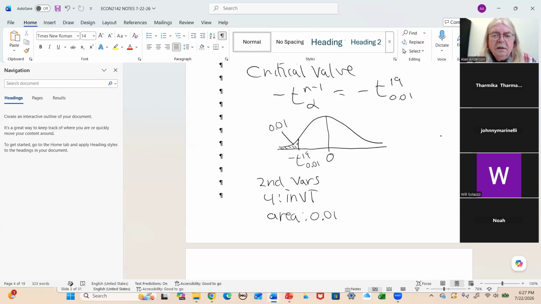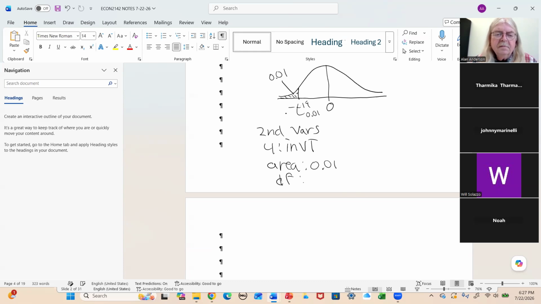I've got the wrong one. Hold on. The degrees of freedom is 19. Enter. Approximately negative 2.54, let's say. All right. So that makes it easier to make a decision.